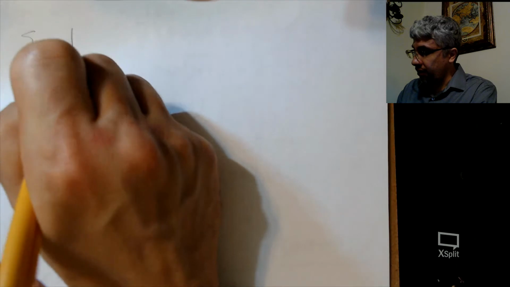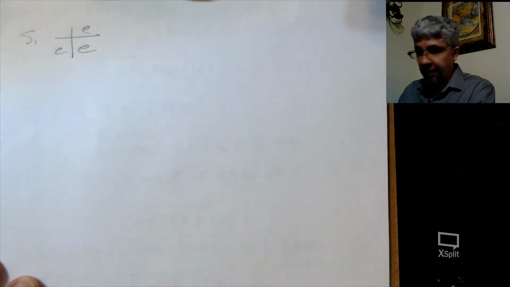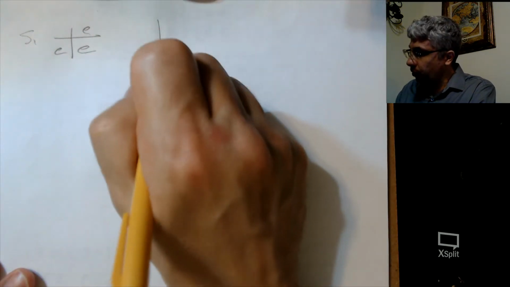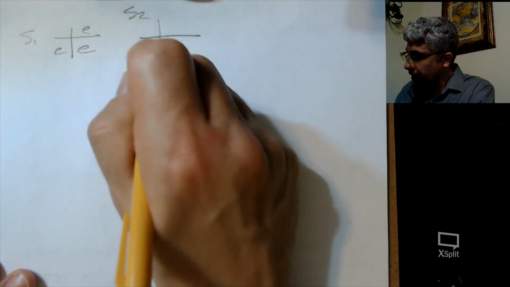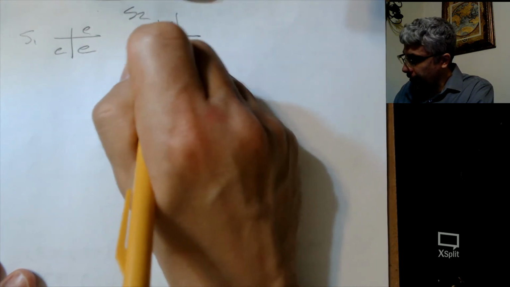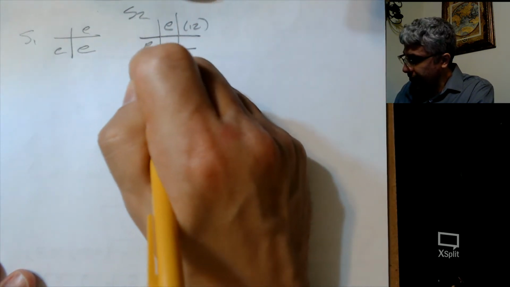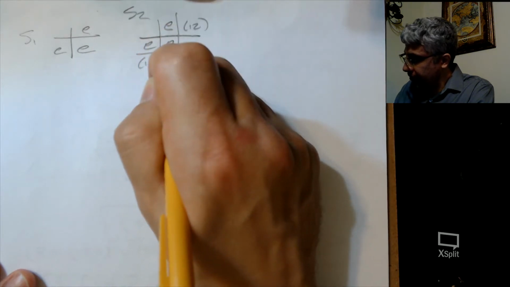I think it's time for us to make a multiplication table. Now, for which group, you might say? Well, if I want to do S1, not the most interesting, right? And if I want to do S2, well, also not the most interesting.